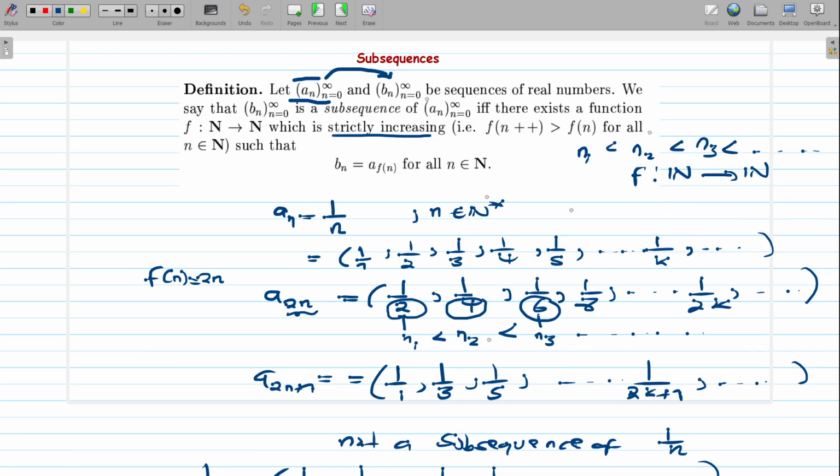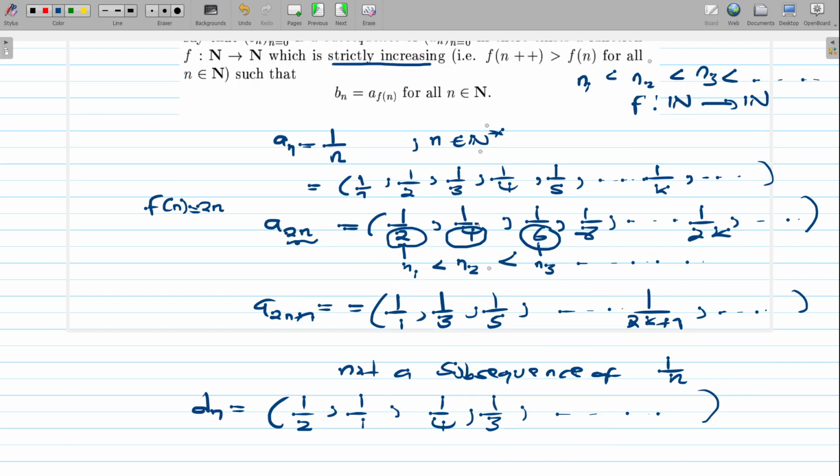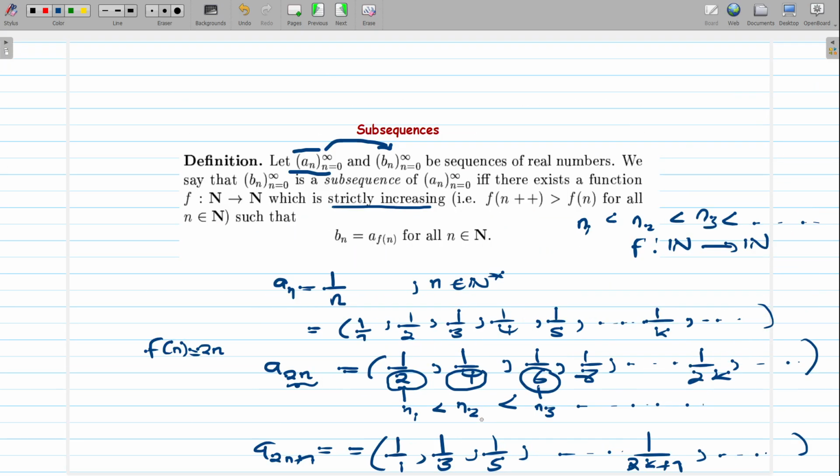Right, so very important piece of information. And in fact, we can use subsequences to check if a particular sequence is going to be convergent or not. So if we can find two subsequences of some sequence a sub n, and if those two subsequences converge to different limits, then the sequence is not going to be a convergent sequence.